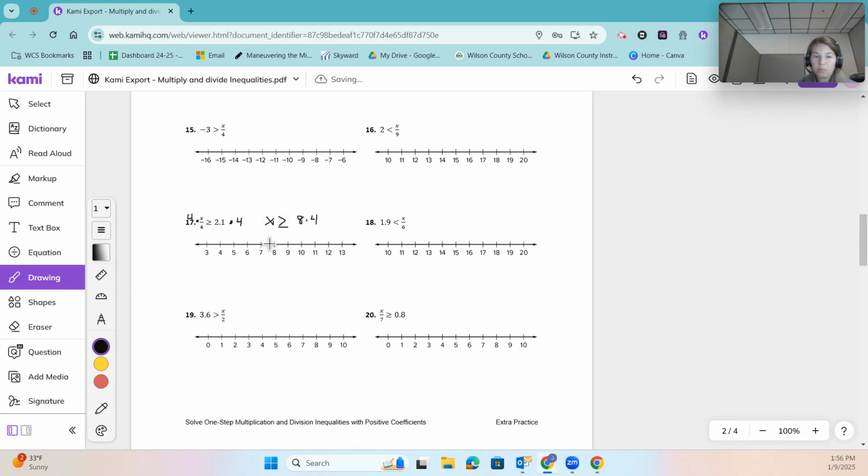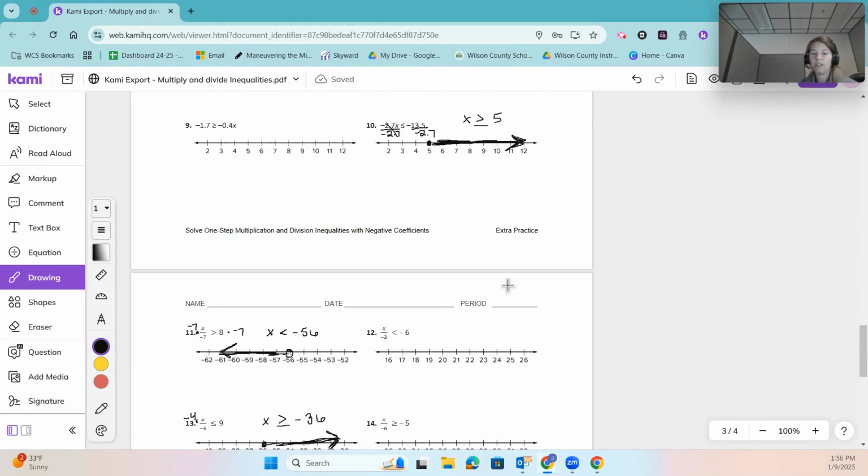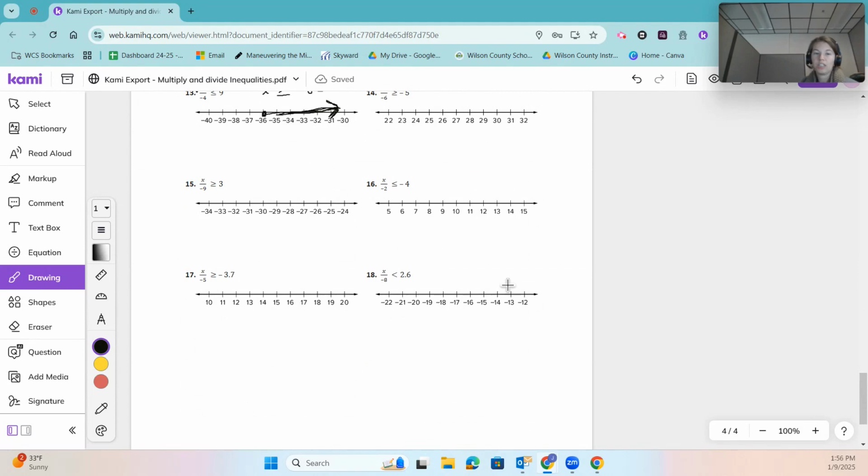Okay, plot your closed point about there, and x is greater than or equal to, so my line goes in that direction. Okay, so same exact process if you have decimals, nothing changes. Okay, but if you multiply by that negative, like here in number 17, you're multiplying by a negative 5. So we're doing negative 3.7 times negative 5, and you get positive 18.5.